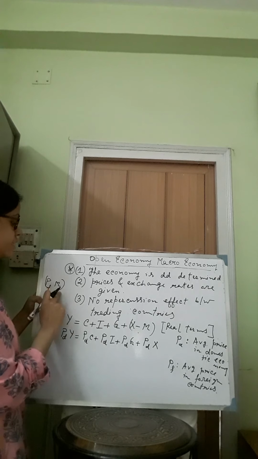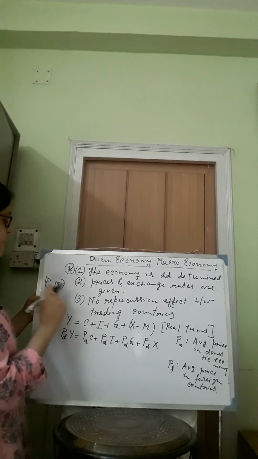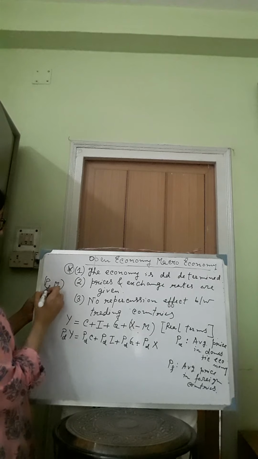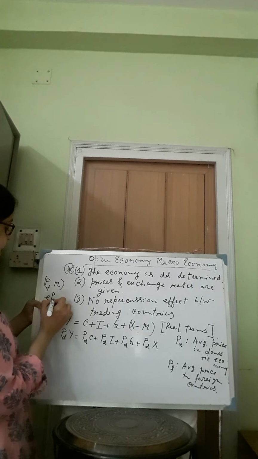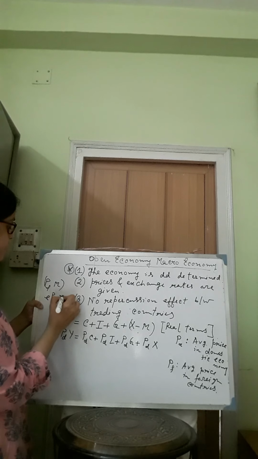To convert it to the domestic currency, we have to multiply this PF into M by the exchange rate. So we will get E PF into M.